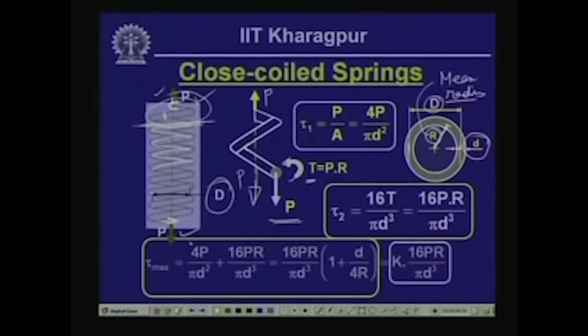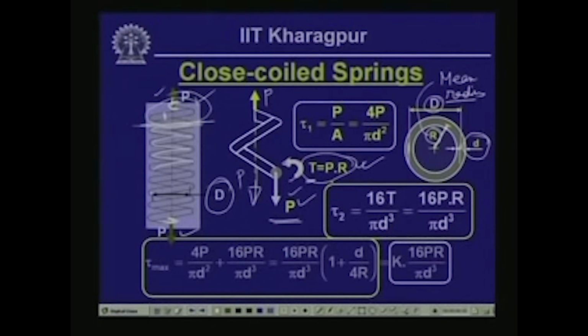Now, when these forces are transferred to the center of the wire cross section, the load P acts as a shearing force and thereby produces a direct shear stress. The twisting moment T, acting on the solid circular section, produces a shearing stress, as we have seen earlier.